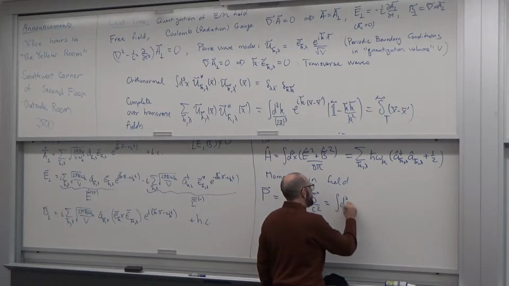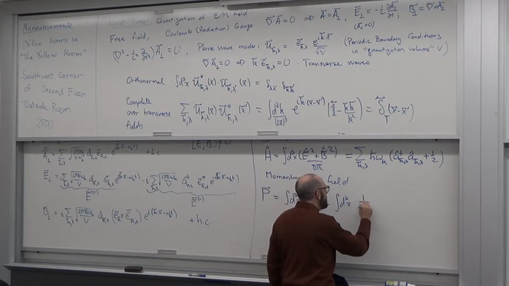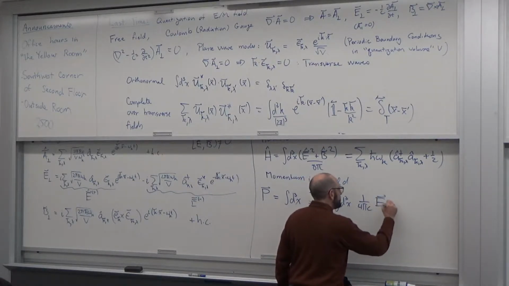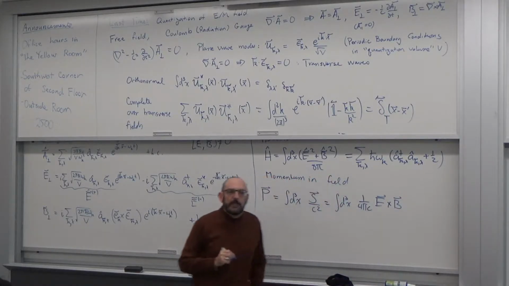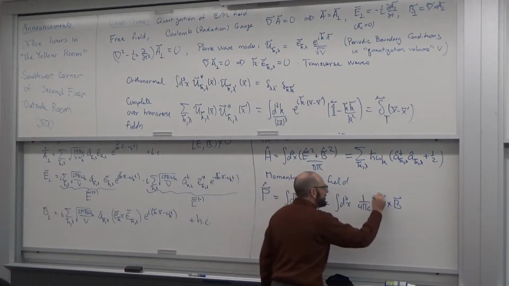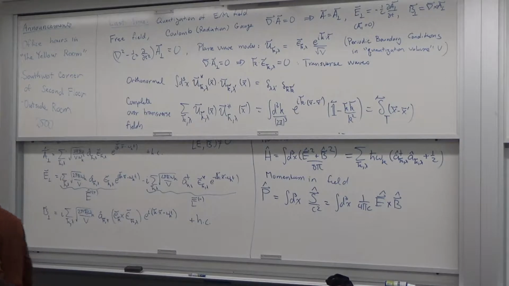which in CGS units, the Poynting vector is c over 4 pi E cross B, so this is 1 over 4 pi c E cross B. And if I want to know what the momentum operator is, it's this. So that's the momentum operator for the electromagnetic field.